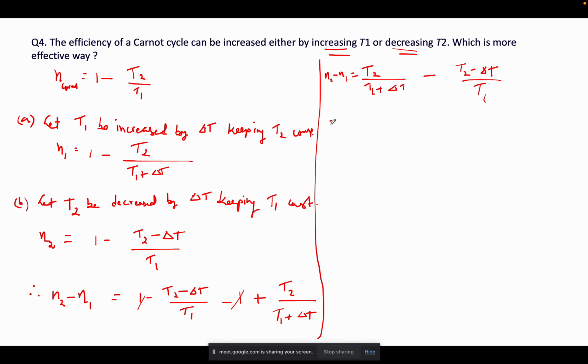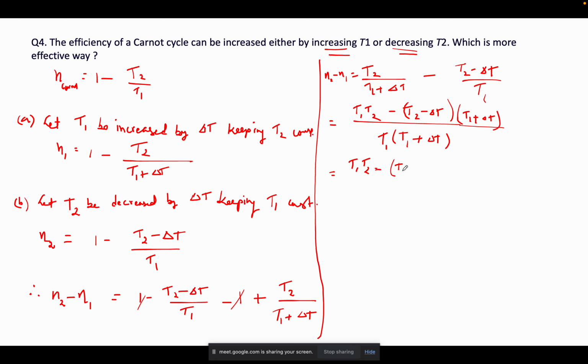Okay, take the LCM, it will be T1 into T1 plus delta T. This will give you T1 T2 and this will give you minus T2 minus delta T times T1 plus delta T.